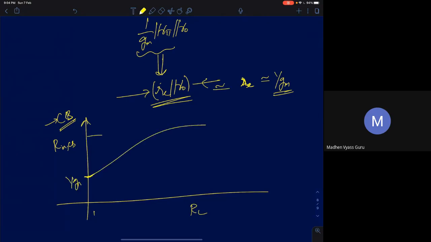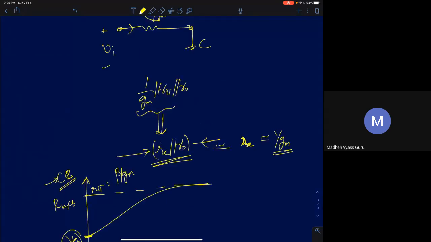When RL is infinity, you get a resistance of value R pi. So it increases by beta times. R pi is nothing but beta by Gm, so it starts from 1 by Gm and increases by beta times to the final resistance when RL becomes infinity.